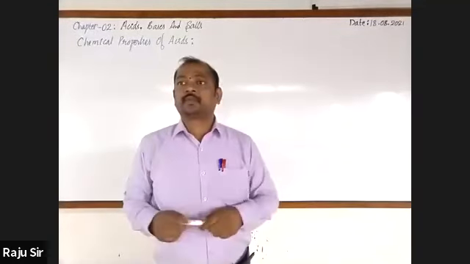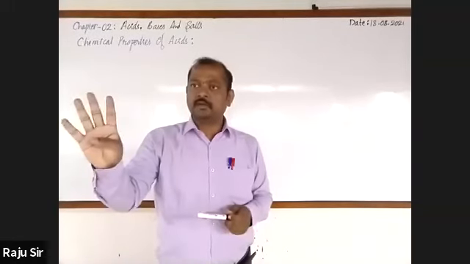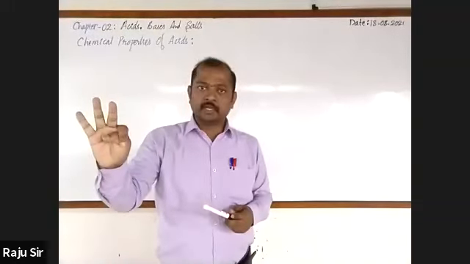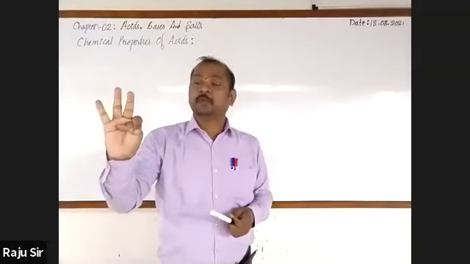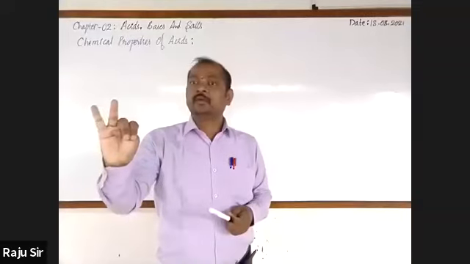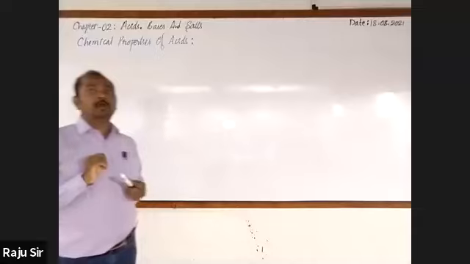Could you recall them one by one? Reaction of acids with metal, with metal carbonate or metal bicarbonate, with base, and with metal oxide. So let us describe them one by one.